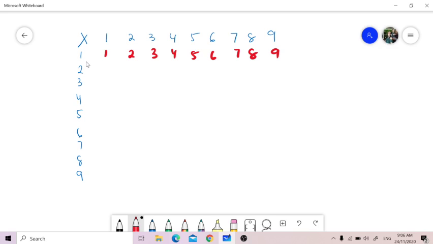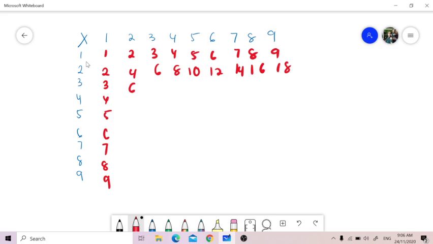So 1 here, and then the next is 2, 4, 6, 8, 10, 12, 14, 16, 18. You do downward. Then 3, 6, 9, 12, 15, 18, 21, 24, 27.